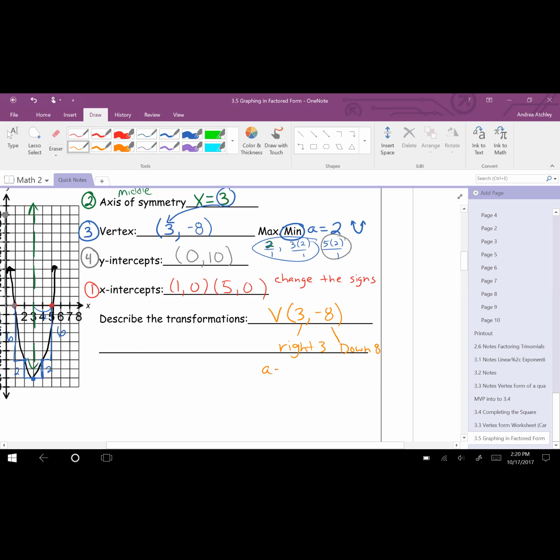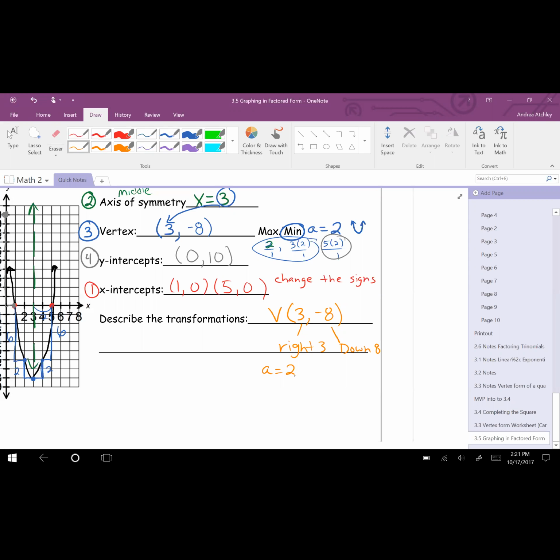And then our a value is 2. Harrison, can you tell me what the 2 means? The vertex will tell me right and left, up and down. What does the a value tell me? It will give me, well, no, that won't give me the axis.